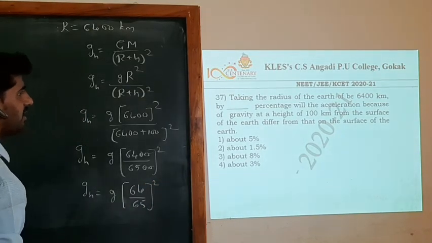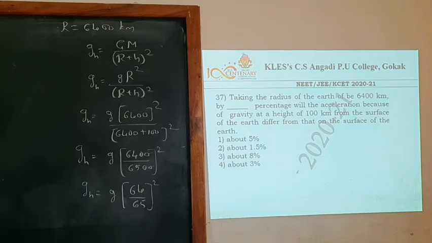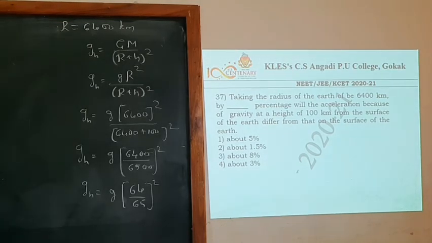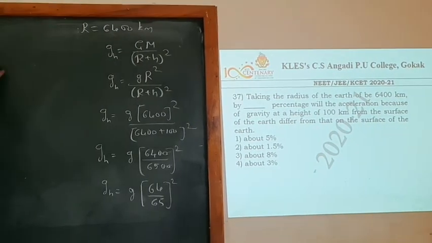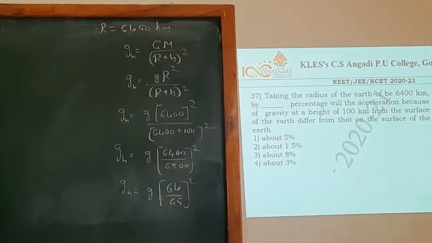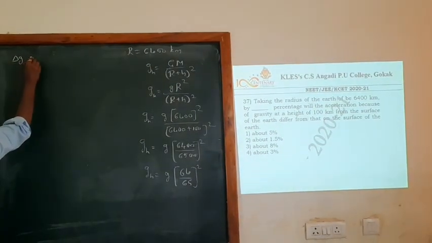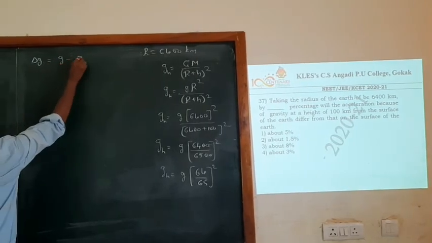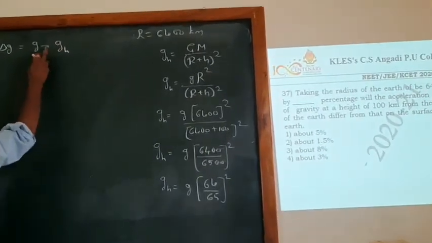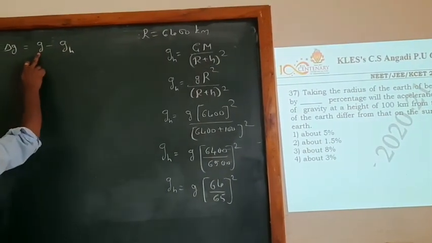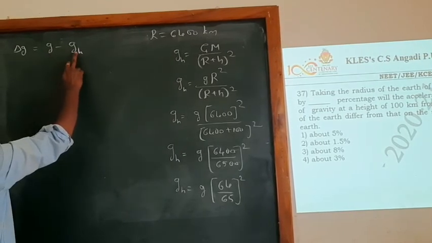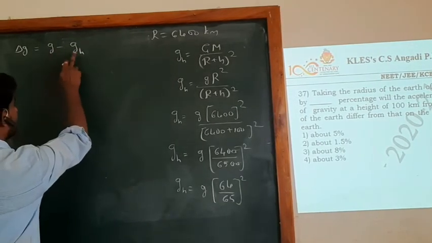Right? So I have to calculate the percentage change. So we can calculate the change in acceleration due to gravity. That is delta g is equal to g minus gh. Why did I write g minus gh? Because it is the maximum value on the surface, and as we go above the surface, it decreases. So maximum value, minimum value.